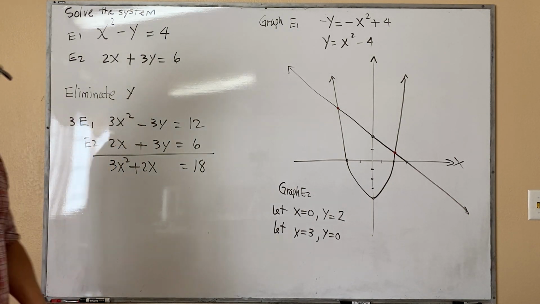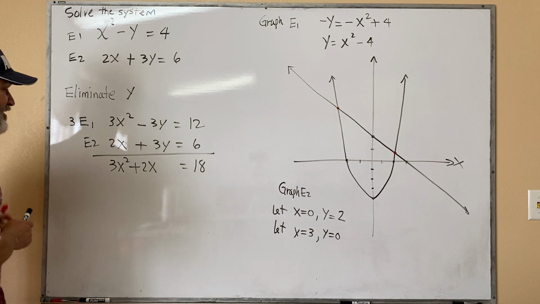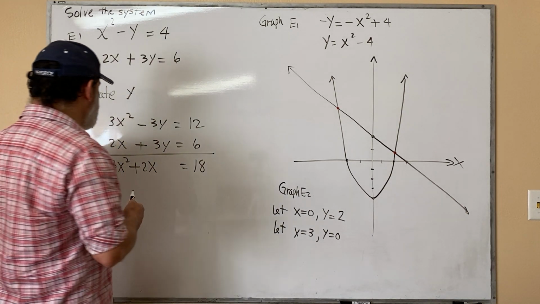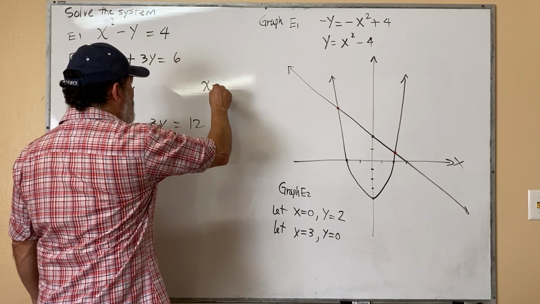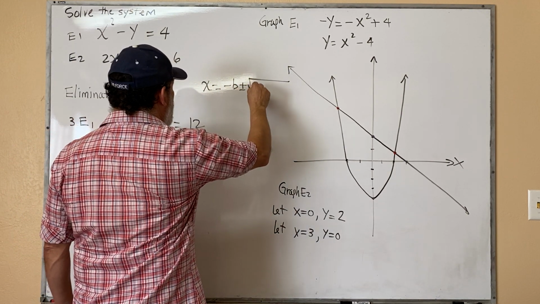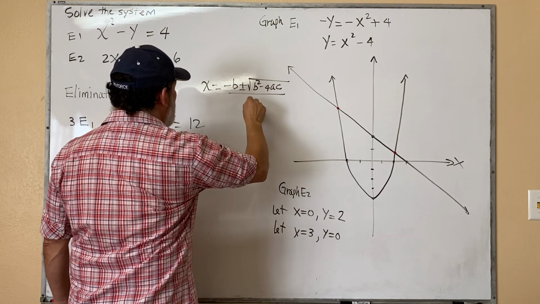So how do we solve this equation? You can use the quadratic formula. Quadratic formula says this: x equals negative b plus minus the square root of b squared minus 4ac, divided by twice a.